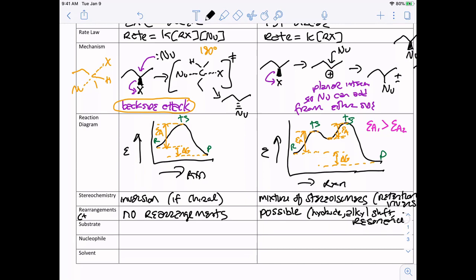Because there's so much going on, it's going to be faster when it's less sterically hindered. So if we have fewer carbon-based groups on that alpha carbon, the carbon that the nucleophile is attacking, it's going to be faster. So methyl is better than primary alkyl halides, which is better than secondary, and that's way, way better than tertiary.